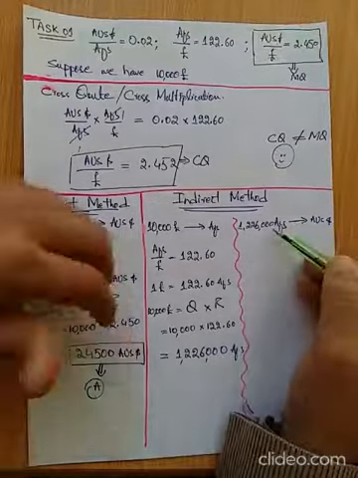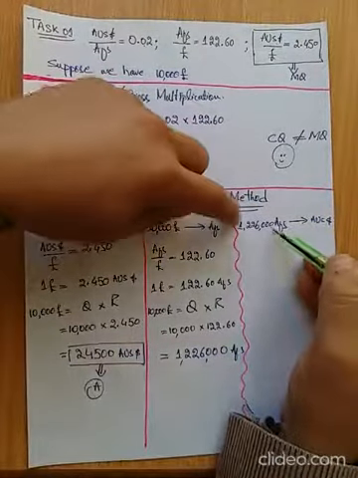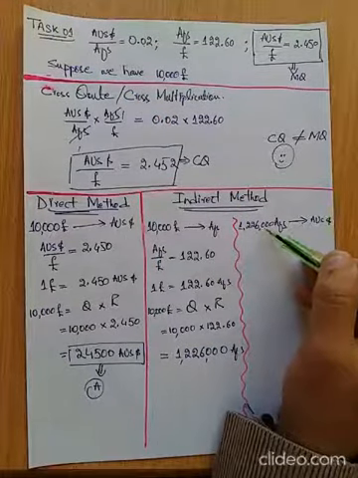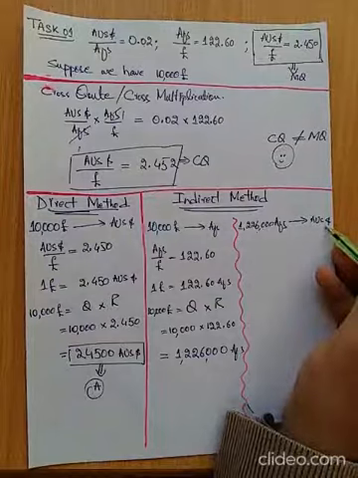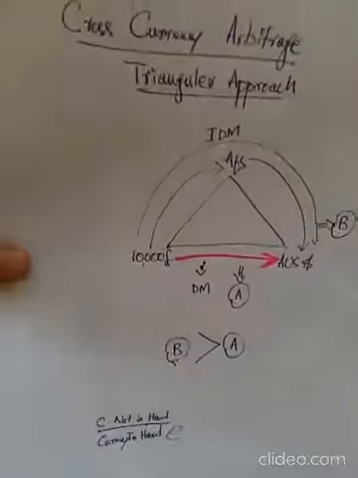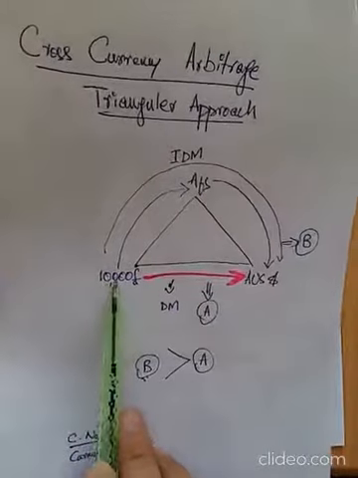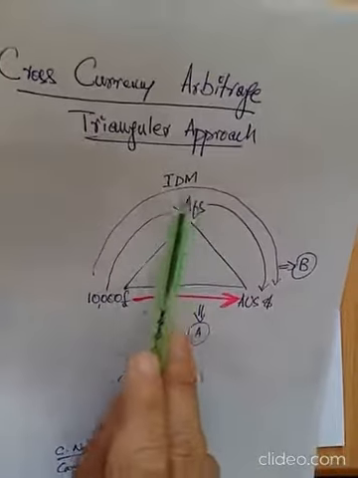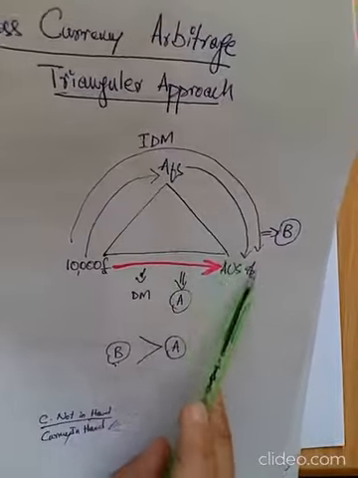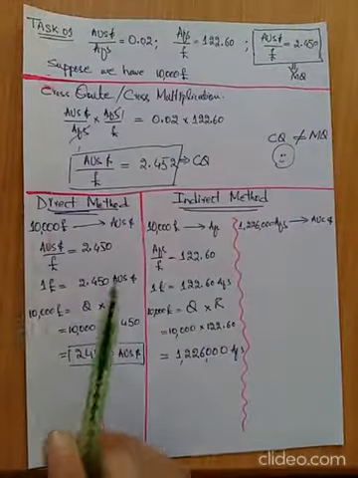My next step would be to convert this 1.2 million and some extra money into Australian dollars. Just as a reminder, I'm following this technique. I initially converted 10,000 pounds into F. I received 1.2 million plus Fs, and now I'm converting Fs into Australian dollars.